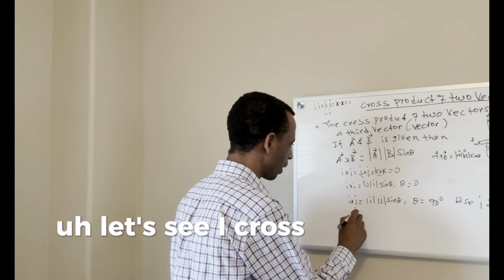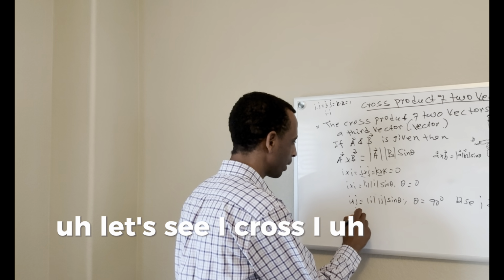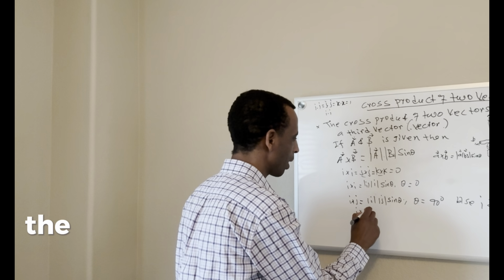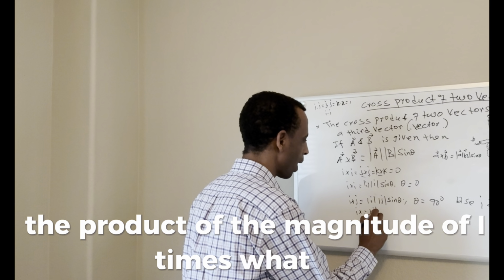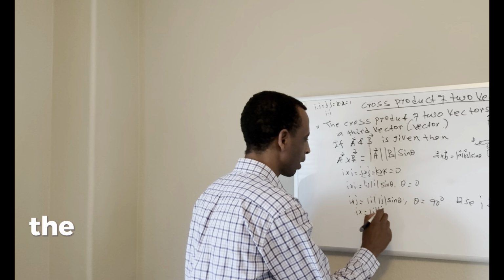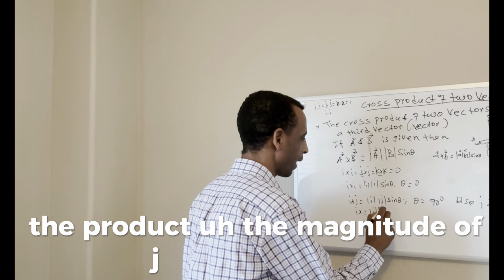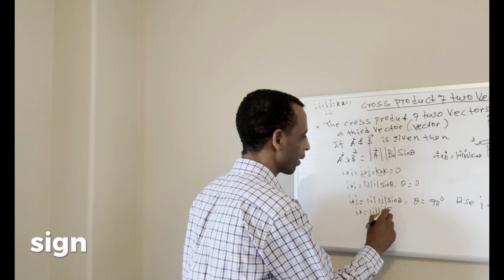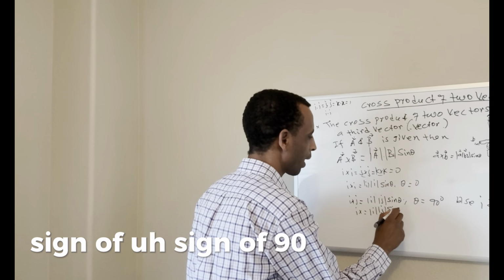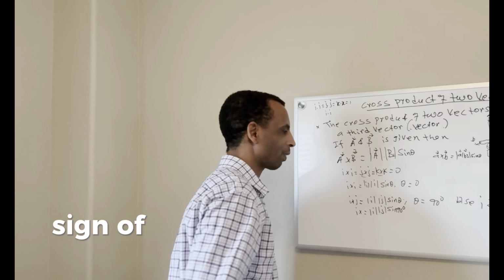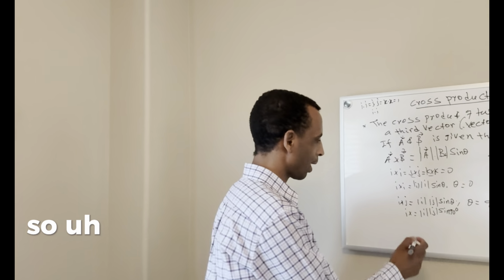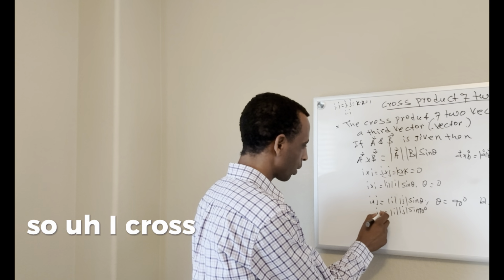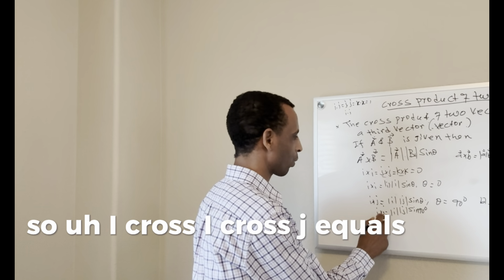I cross J equals the product of the magnitude of I times the magnitude of J times sine of 90 degrees. Sine of 90 is 1.